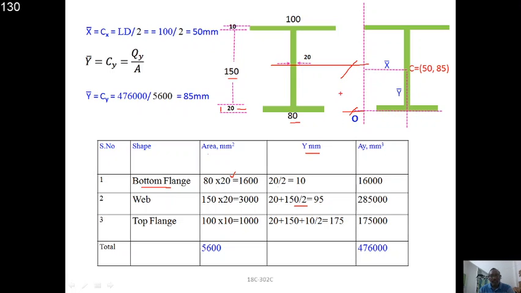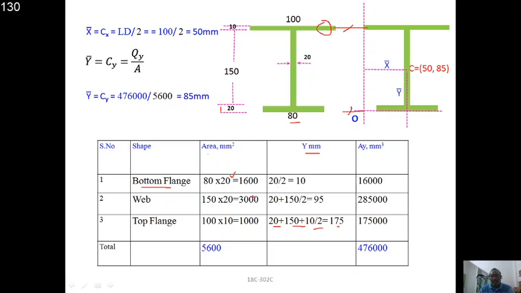Similarly for the top flange, we need the y3 calculation from this point to this point. So that is the half of the top flange. Therefore, from this point, it is 20 plus 150 plus 10 by 2, that is 175.